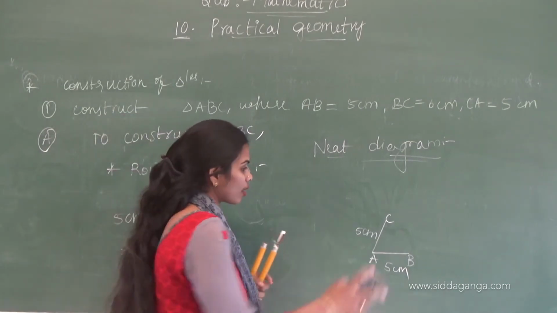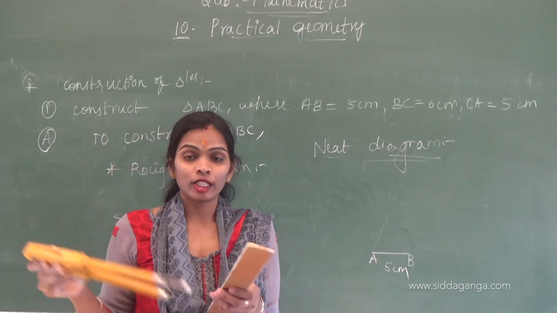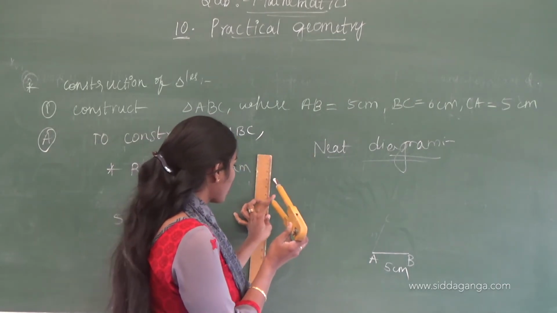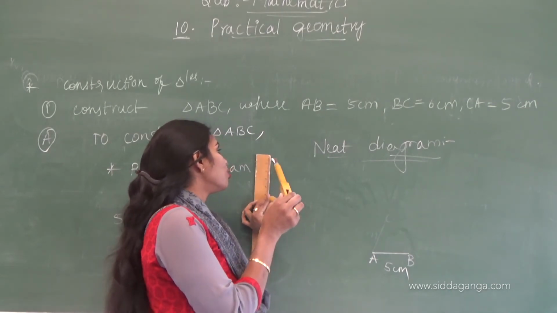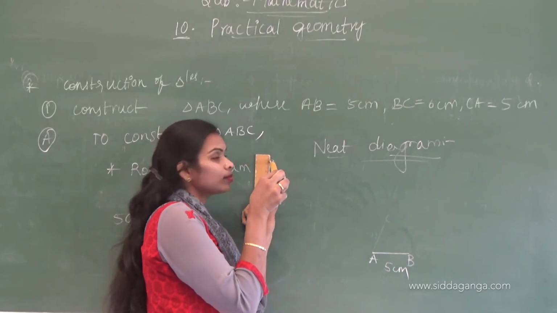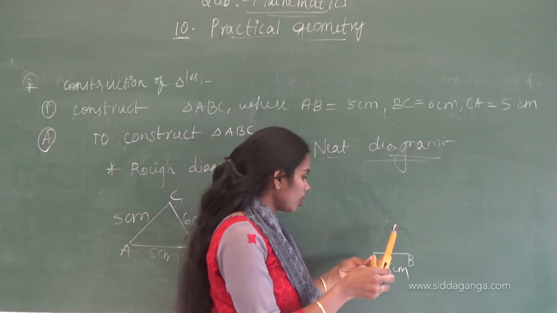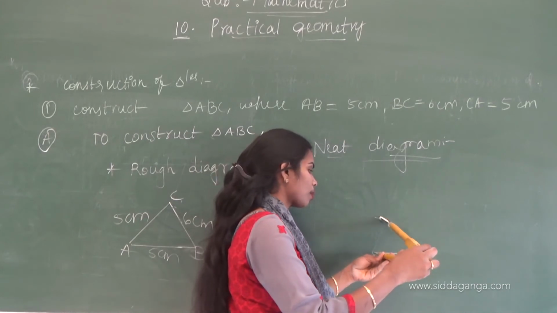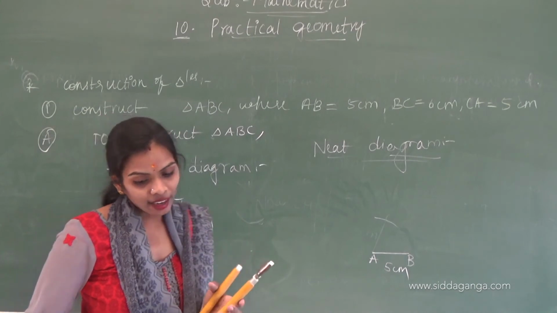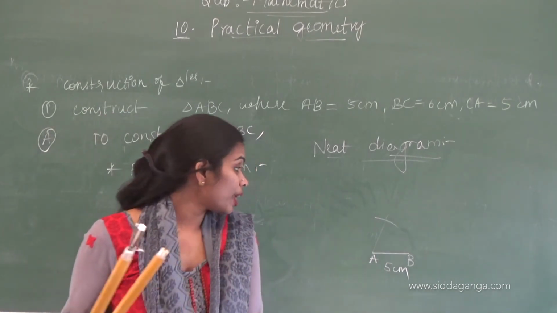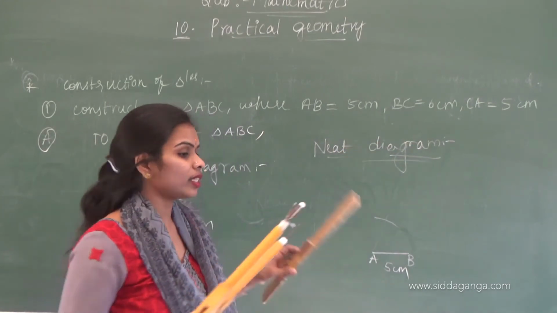Otherwise, not like this. We have to measure 5 centimeters using the compass, and from A we have to draw an arc. BC is 6 centimeters.